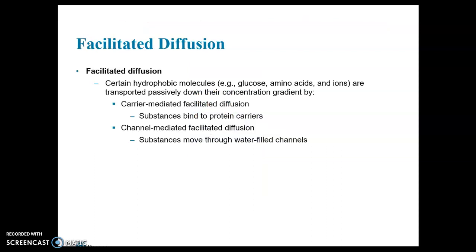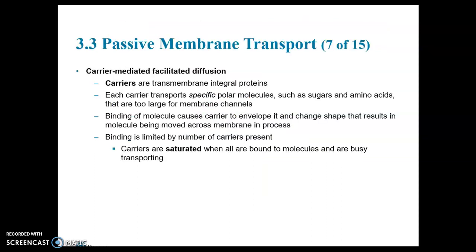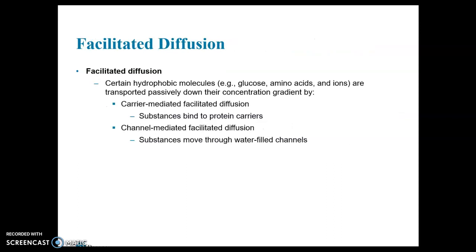Okay, and then we looked at facilitated diffusion, which can be carrier-mediated. Facilitated diffusion is just like simple diffusion, except that the substance diffusing across the plasma membrane is not lipid soluble.